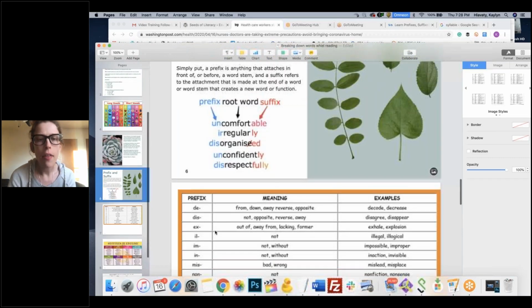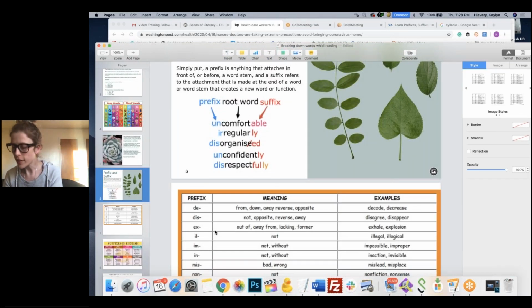Okay, and then there's one other common suffix that we can use a lot in the English language, which is ing, and er. So an example when you would use er at the end of a word is that could mean a person is doing something. So say, for example, you have the word teach.